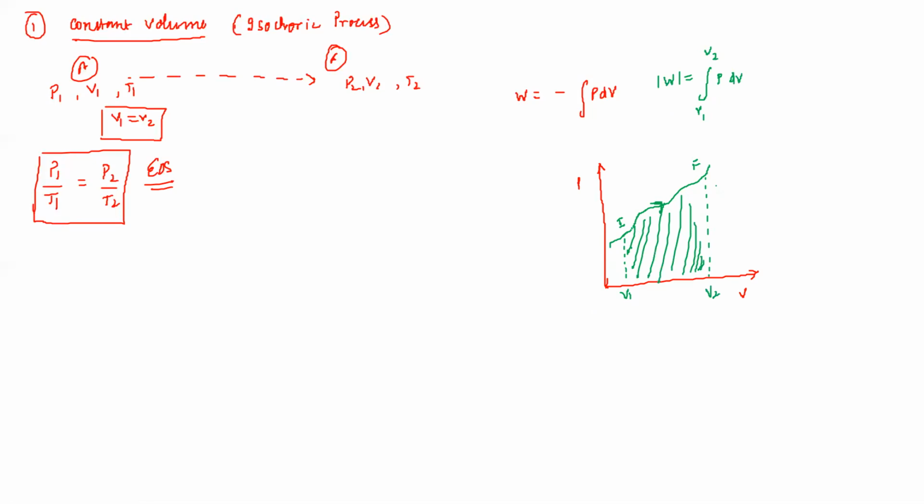Now, remember that if it is an expansion process, we discussed in the sign convention that work out is positive and work in is negative, right? So if it is an expansion process, that basically means that, let's say this is my system and it is expanding.